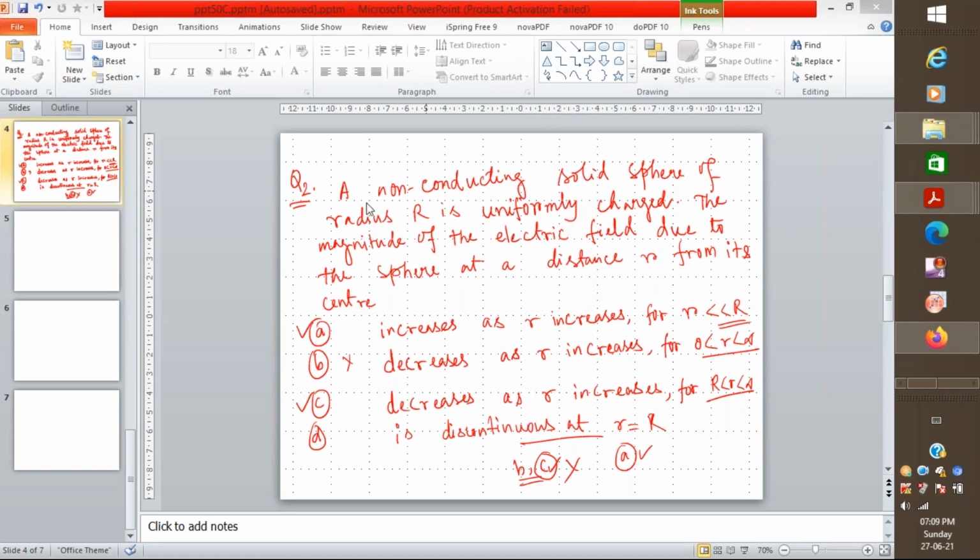In the second chapter, there are five or six points about conductors, which I have discussed already. Have you started reading the second chapter already? No, sir, I'm currently in the first chapter only.